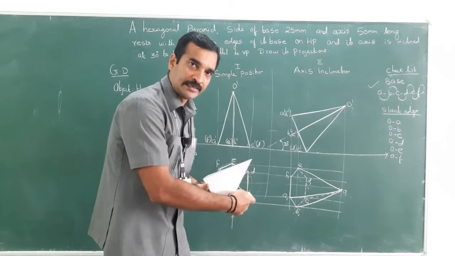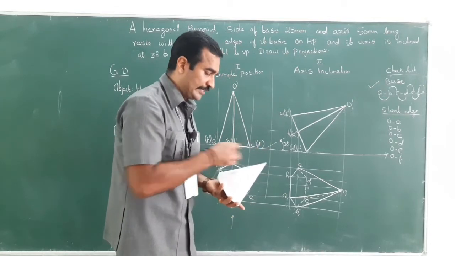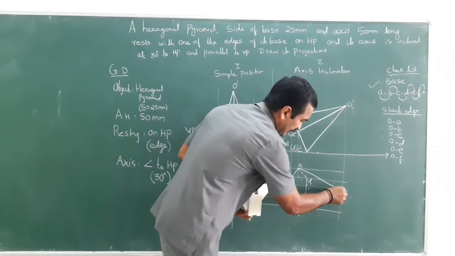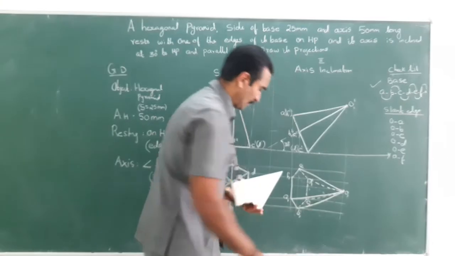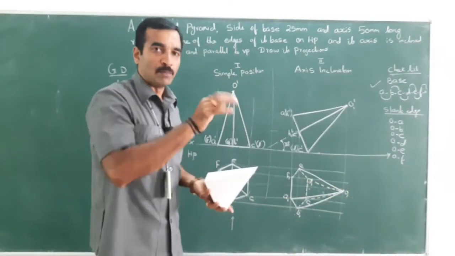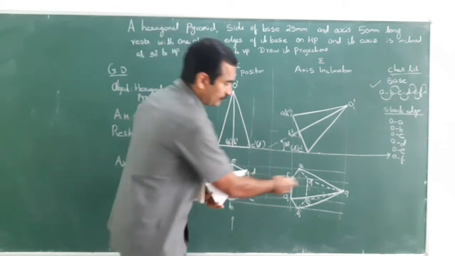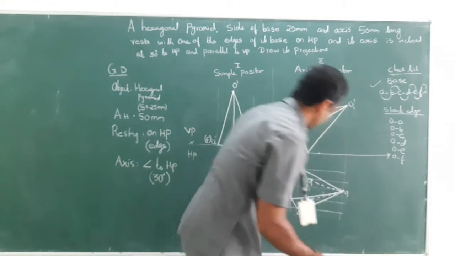D to O again is invisible because that's right behind the point E. So D to O is invisible. What about E to O, which is visible, which is already covered in the boundary? Then what about F to O? F to O is visible.